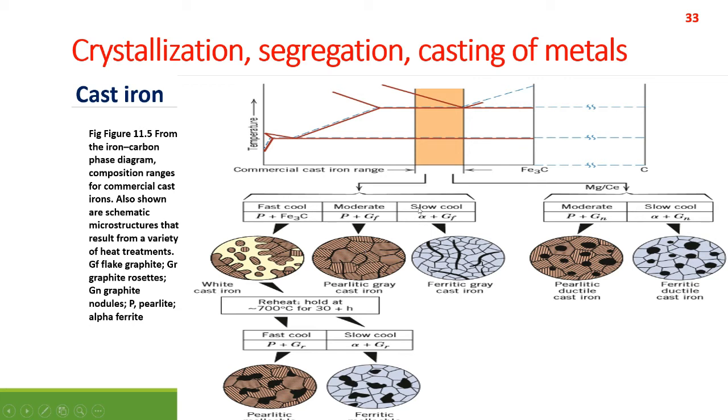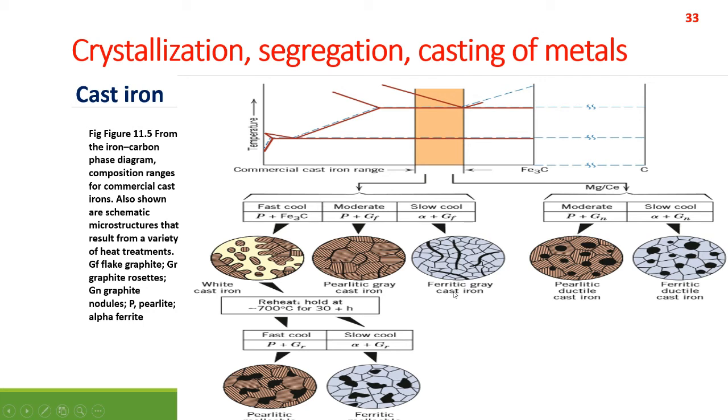Next, if you do slow cooling, you will get alpha ferrite and again flake graphite. Here, this alpha ferrite you can see as the white crystals, and the black areas are the flake graphites.